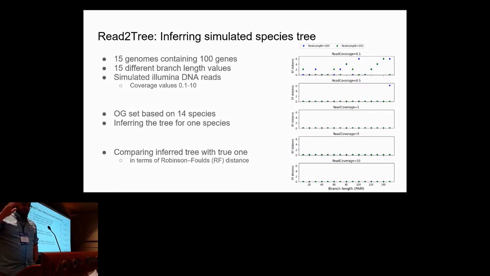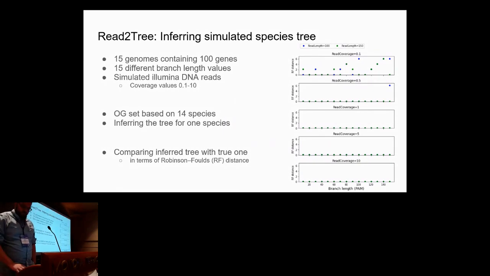And you can see at 0.1x coverage, which is basically nothing, right? The method struggles a little bit, but then when we increase coverage to 0.2x, 0.5x, 1x, 5x, and 10x coverage, we see basically that the Robinson-Foulds distance is 0. And I can draw your attention also to the x-axis, we simulated quite a large evolutionary distance, right?